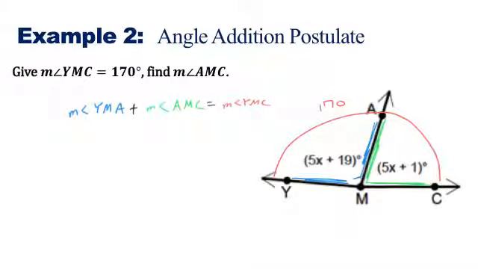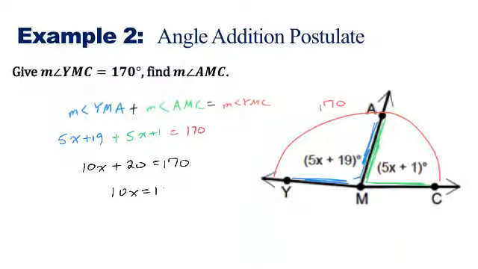So substituting these values, we have 5x plus 19 plus 5x plus 1 equals 170. Here we can solve for x. So 10x is equal to 150, and thus x is 15.